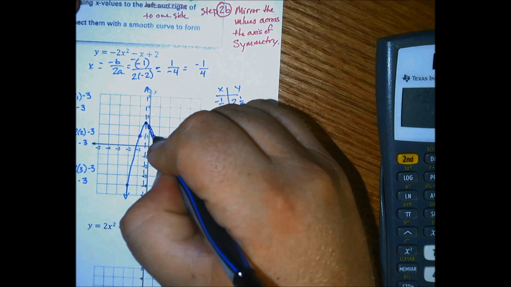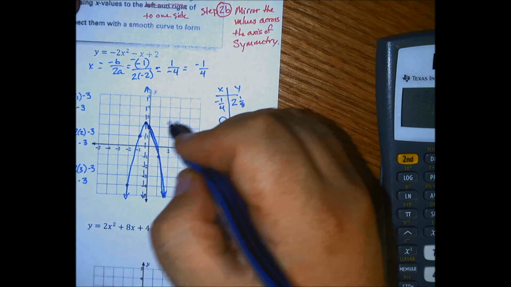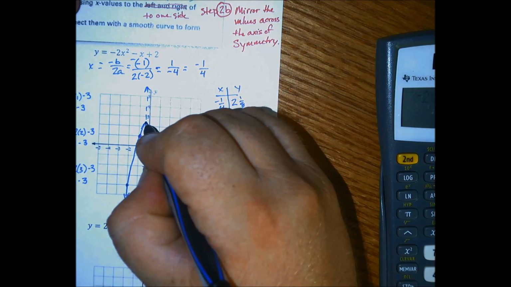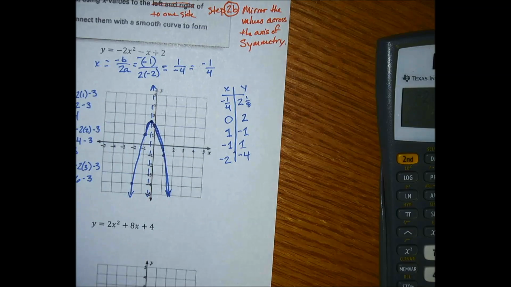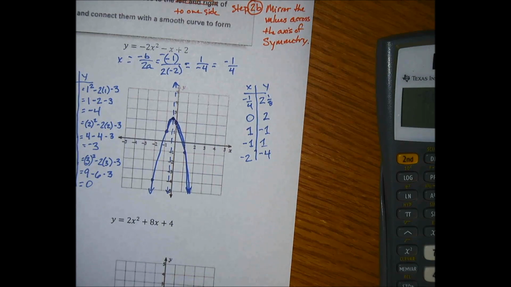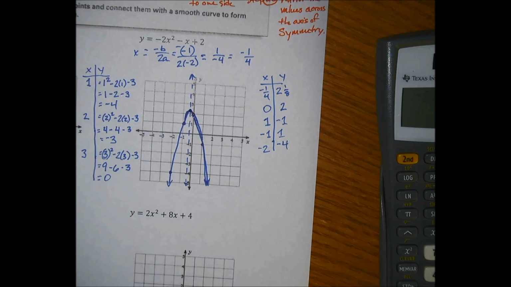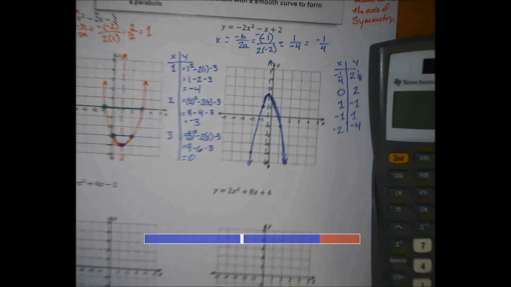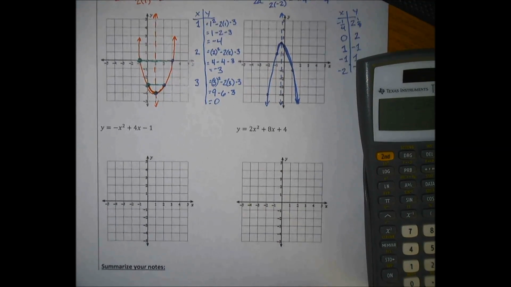Probably should have been a little bit wider, more like that. All right, and then again, try to go over and smooth out that transition at the vertex. And again, once you're showing me solid effort, I'm more than happy. All right, that one was a really tough problem. What I want you to do now is go ahead and pause the video and try the last two. Okay, try those. Use a calculator if you have to.